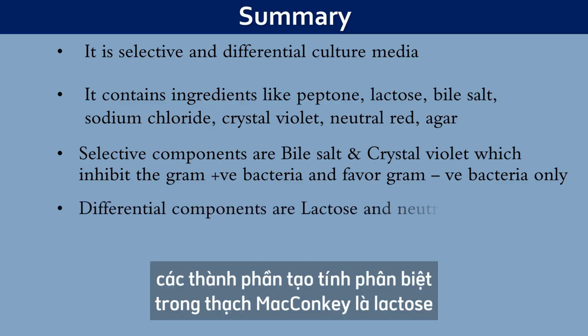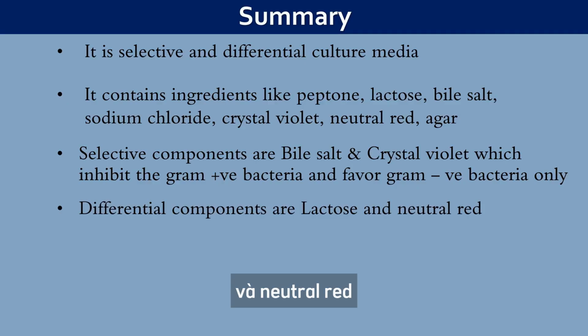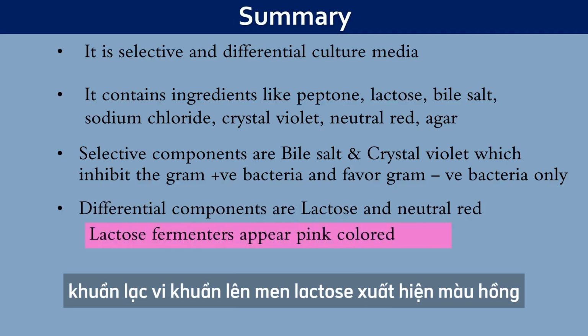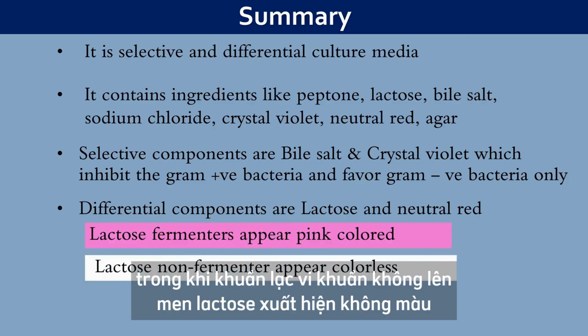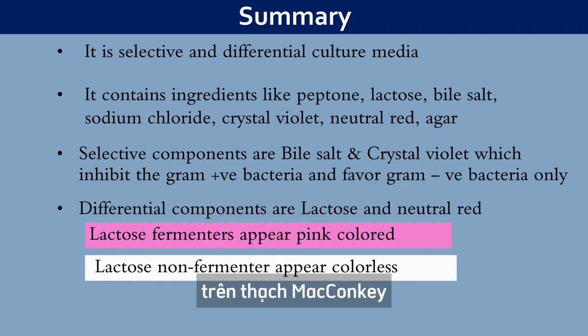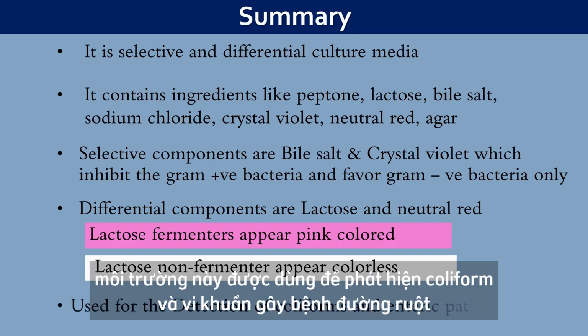The differential components present in MacConkey agar are lactose and neutral red. Lactose fermenter bacterial colonies appear pink colored, whereas lactose non-fermenter bacterial colonies appear colorless on MacConkey agar. It is used for the detection of coliform and enteric pathogens.